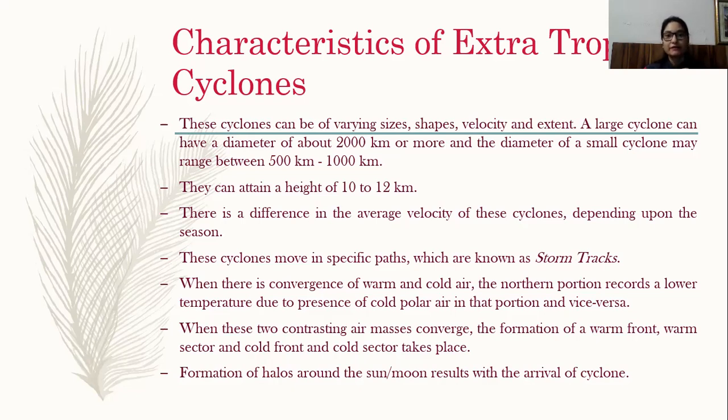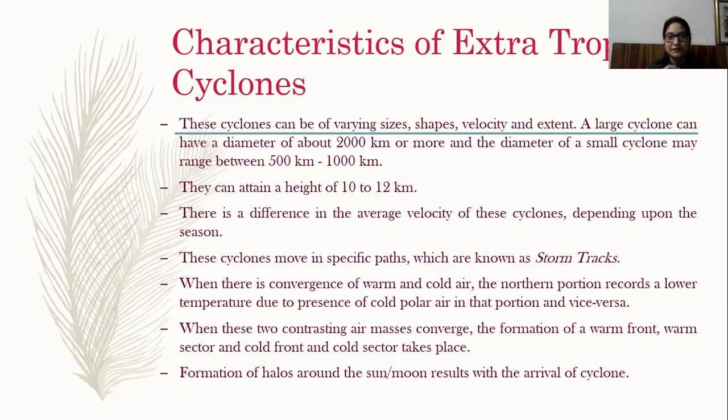Wherever there is presence of warm air, the temperature will be high. Wherever there is presence of cold air, the temperature will be less. So in the portion where the cold air is present, the temperature is less and we feel more cold there. And wherever the warm air is present, that portion has a higher temperature.